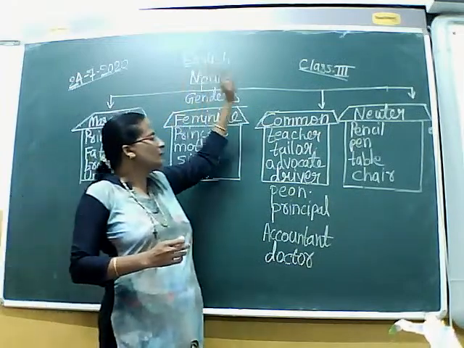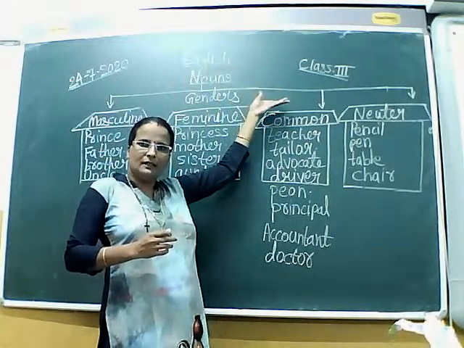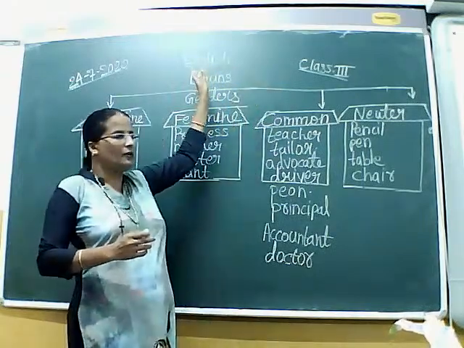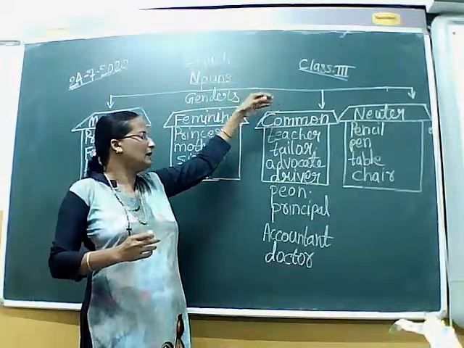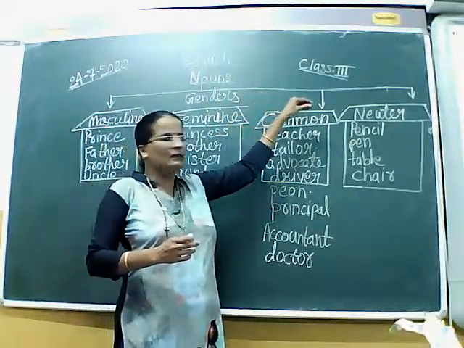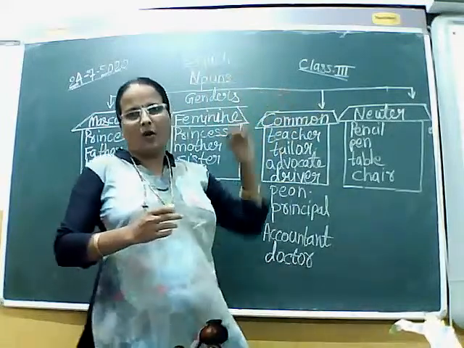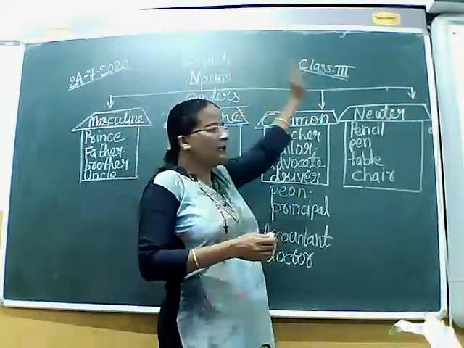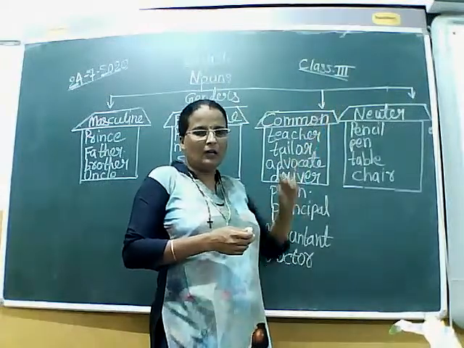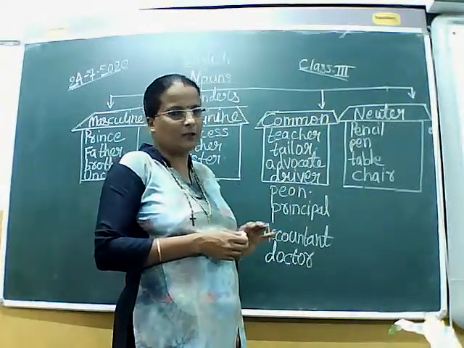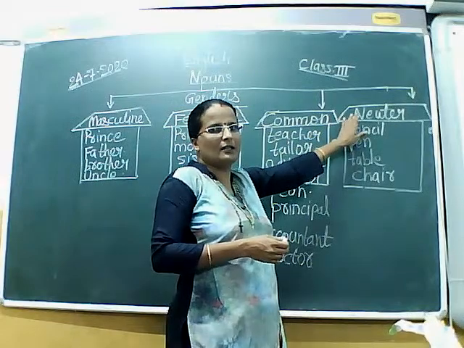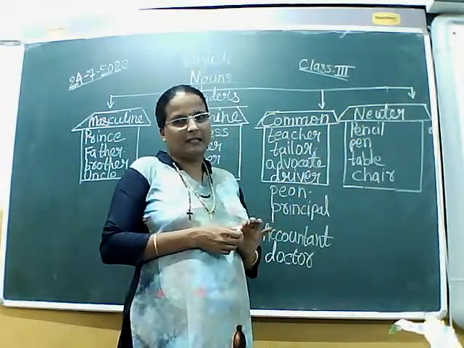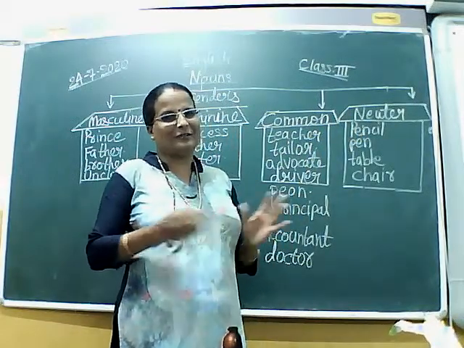The nouns which represent both male and female are included in the common gender category, and the nouns for any non-living thing are included in the neuter or neutral gender category. That's all for today, and today's session is over.